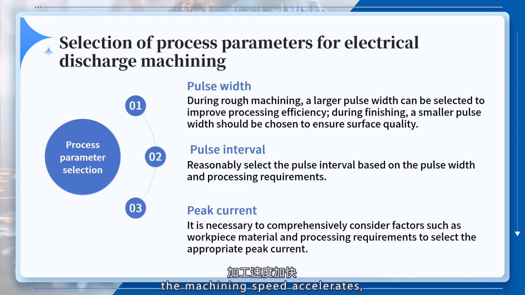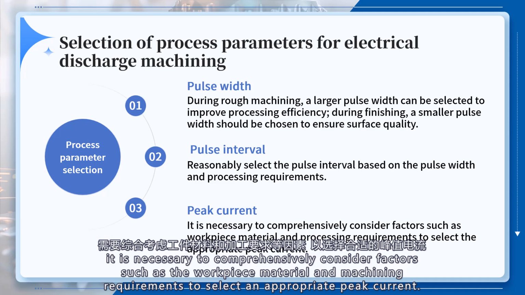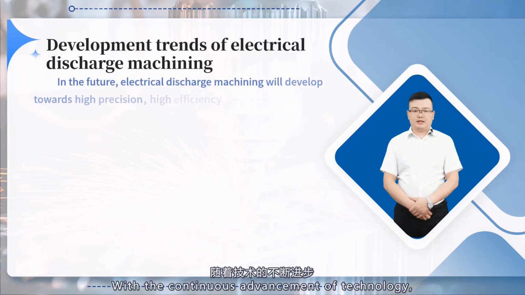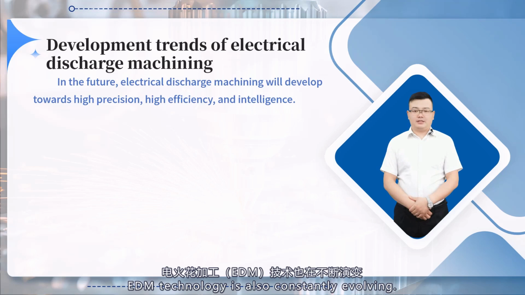As the peak current increases, the machining speed accelerates, but electrode wear also increases. In actual machining, it is necessary to comprehensively consider factors such as the workpiece material and machining requirements to select an appropriate peak current. With the continuous advancement of technology, EDM technology is also constantly evolving.